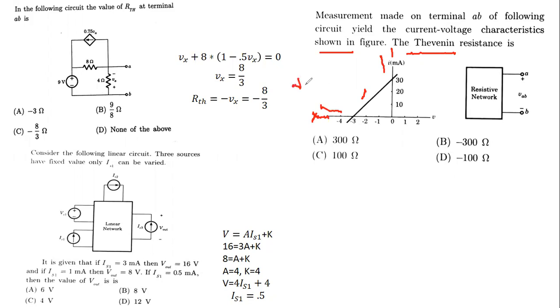So the value of VTH is equal to minus 3, because this is representing the open circuit voltage. On the y-axis the voltage value is 0. So voltage 0 means short circuit, and this is representing the short circuit current, ISC.